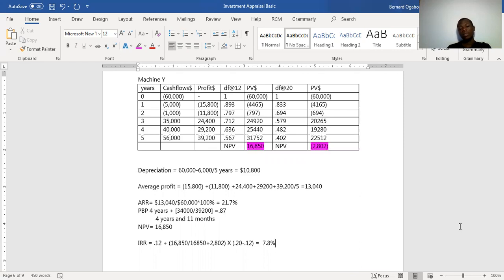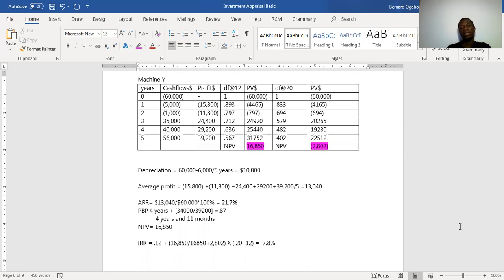So in an exam situation, you are going to say the way I'm saying that if you were looking at accounting rate of return, payback period, and internal rate of return, machine X is preferable to machine Y. But based on the net present value, machine Y is preferable to machine X.